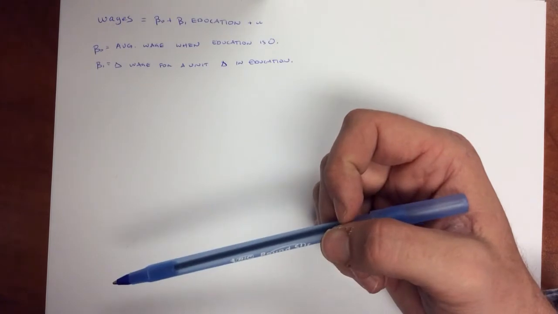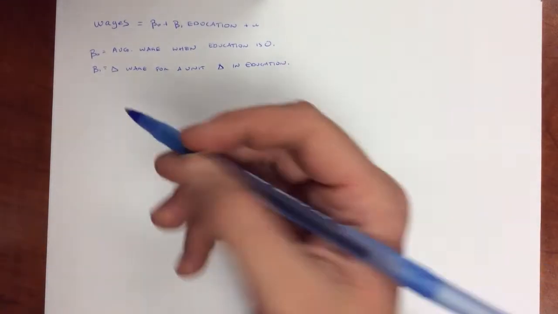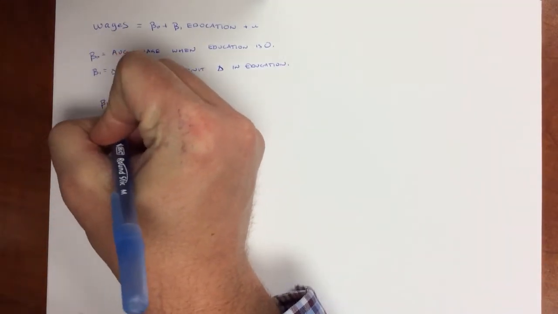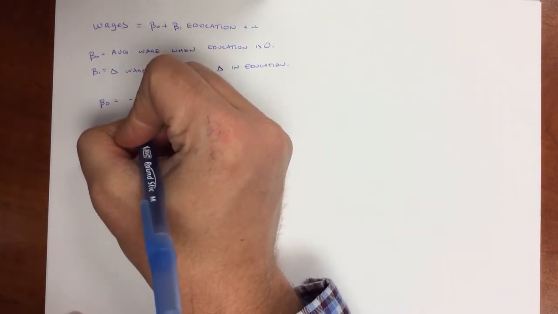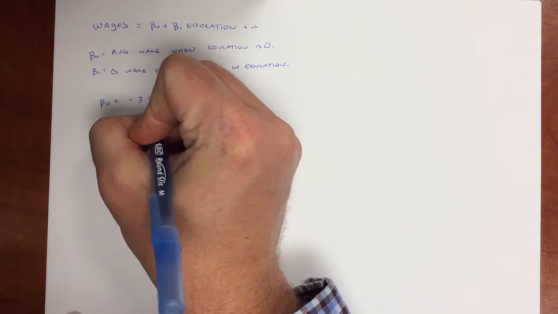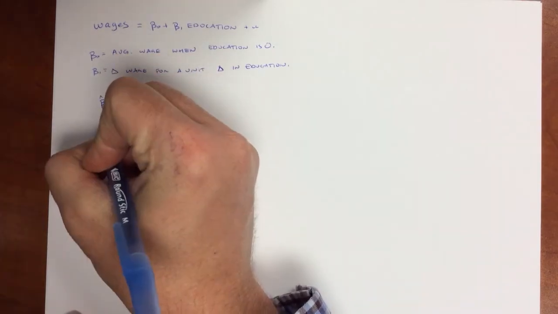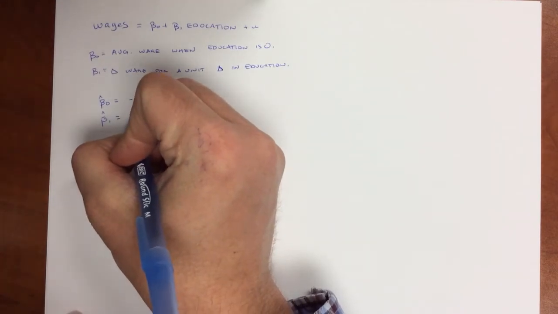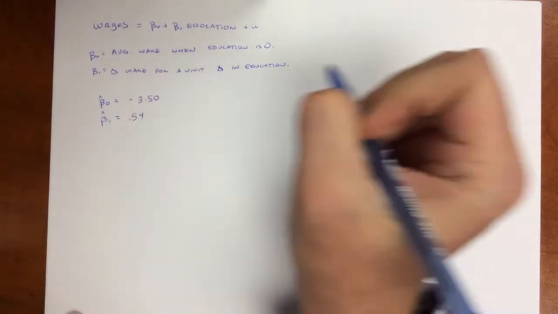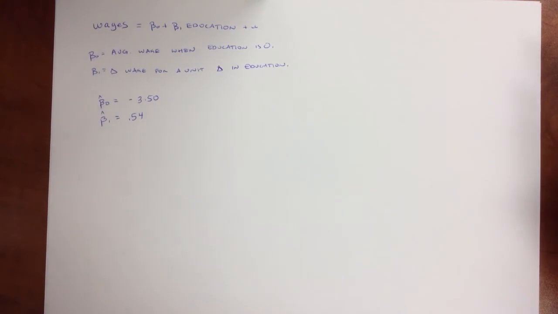Okay, so let's assume that I estimate it and I get beta naught hat equal to negative $3.50, and we'll do this in hourly wages, and beta 1 hat equal to 0.54. So now how do we interpret?